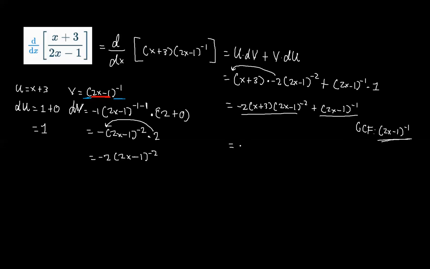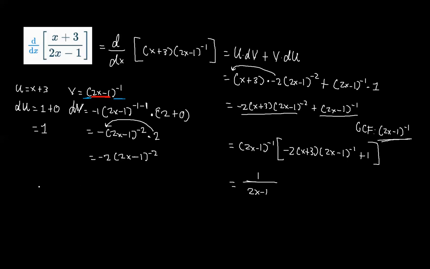So I'm going to have 2x minus 1 raised to negative 1 times negative 2 times x plus 3 times 2x minus 1 raised to negative 1 plus 1. That's it. So I can simply rewrite this as 1 over 2x minus 1.